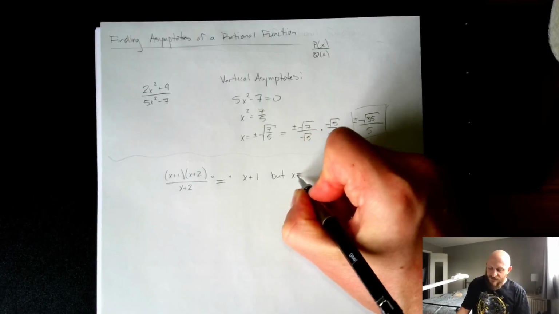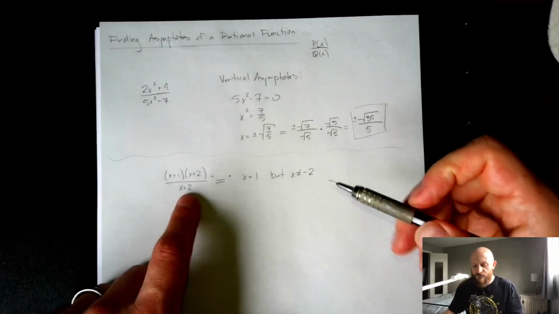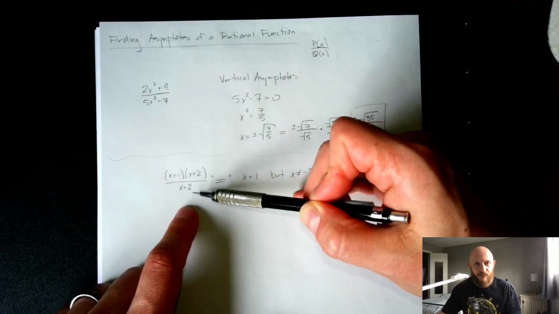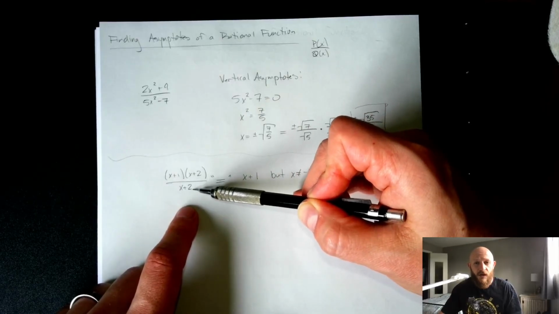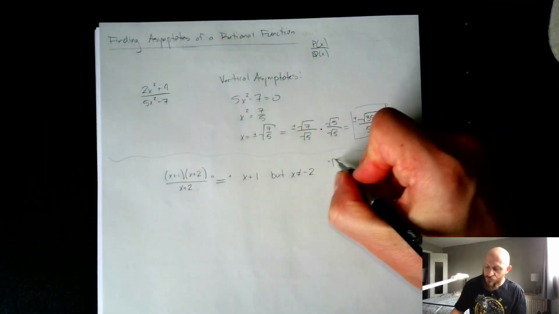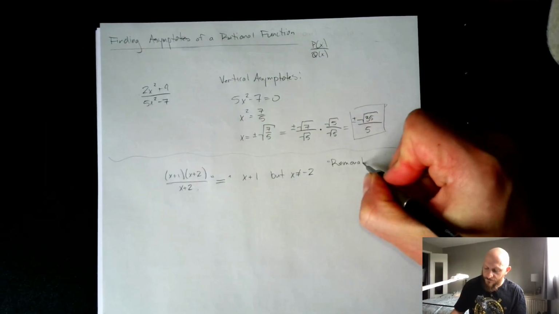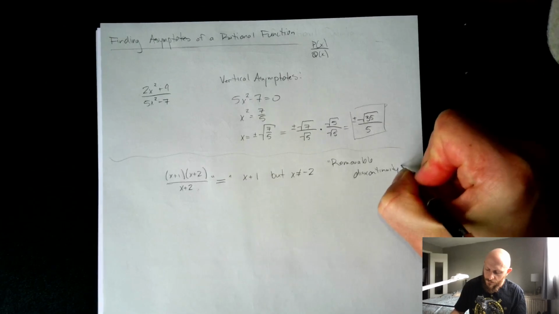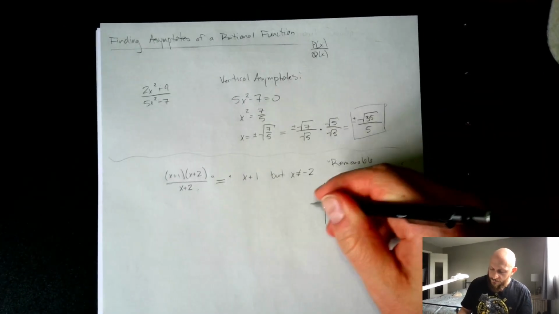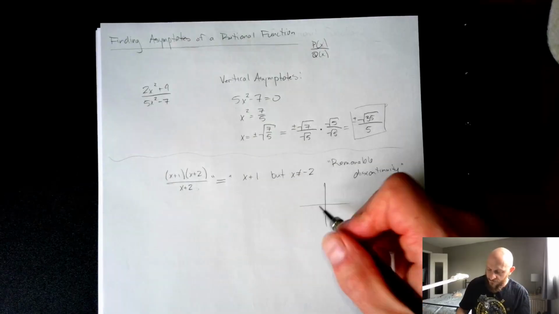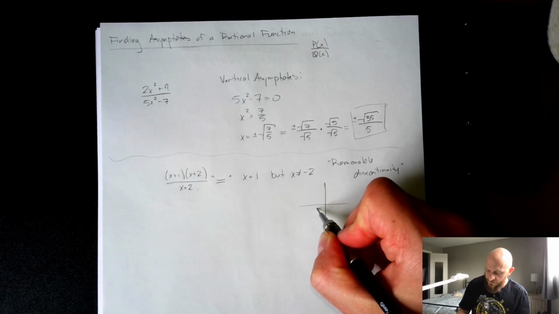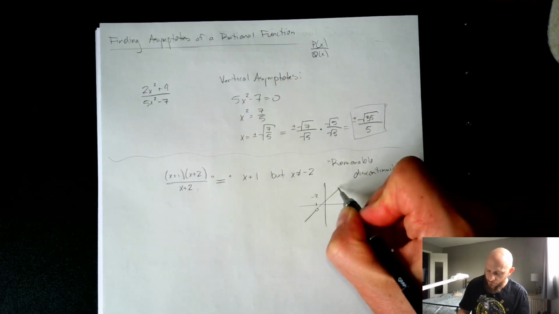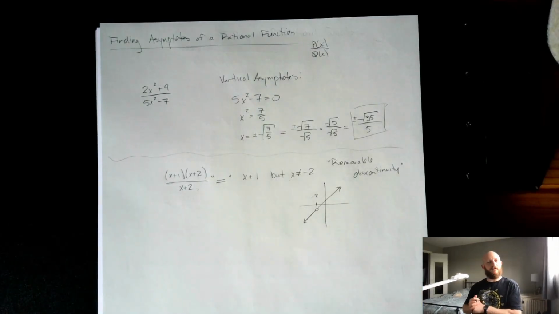But we still can't plug in x equals -2 because the actual function is given by the original, and we cannot plug -2 into that. So this ends up being something called a removable discontinuity. And just a quick graph, this looks a lot like x plus 1, so it'll look something like this, but right here at -2 there would be a hole. That's what this graph will end up looking like.